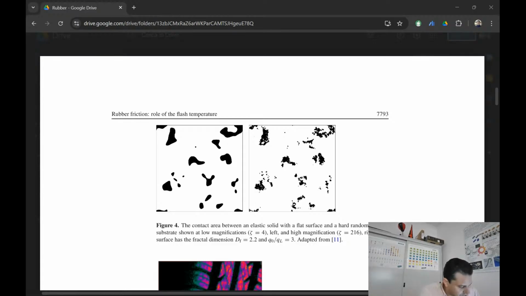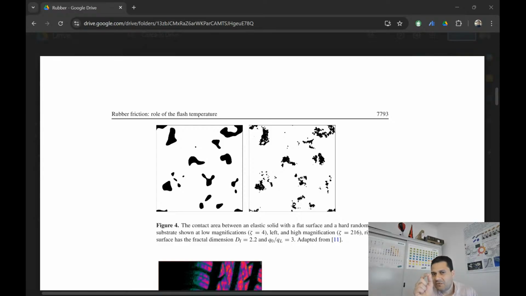So, what is the point here? I believe I discussed this in the last video, which is that as we increase the magnification, we see more and more roughness. We see more and more micro roughness on a macro roughness.